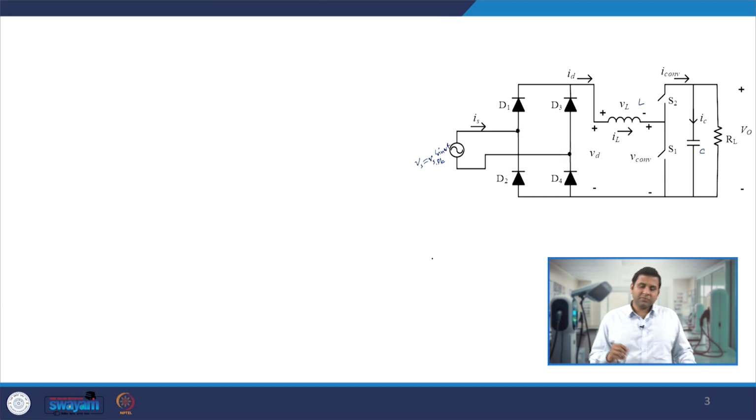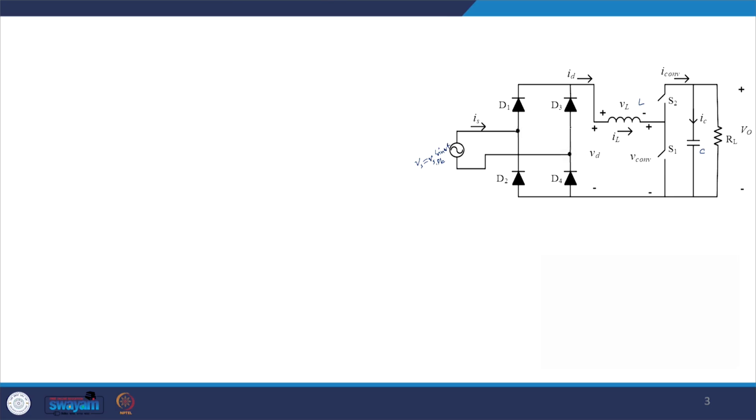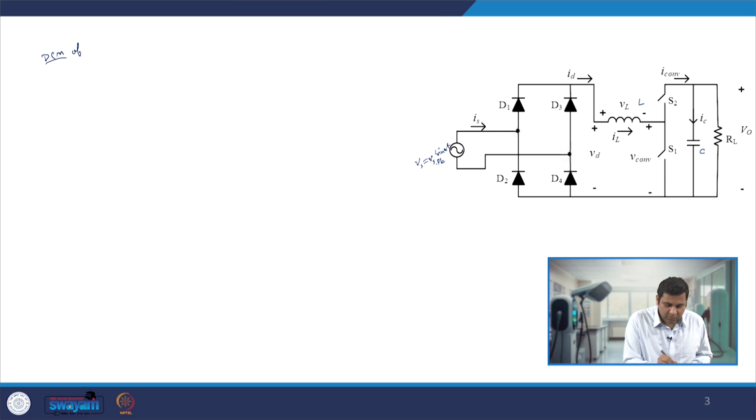One way to do that is to make this system operate in discontinuous conduction mode. So let us try to understand what discontinuous conduction mode of boost PFC is.